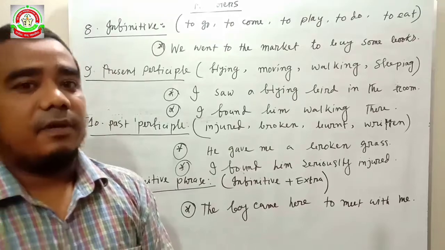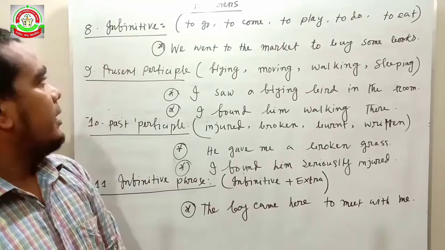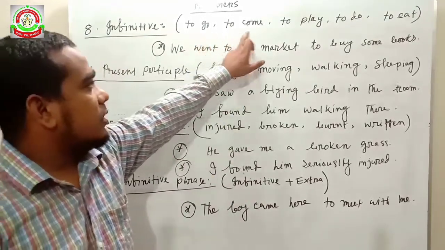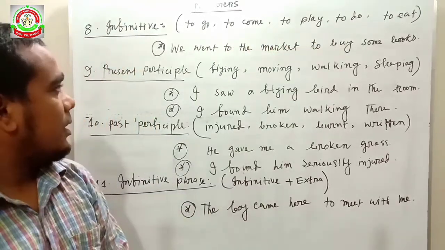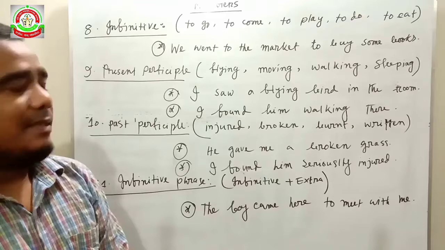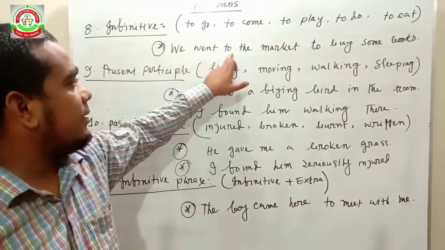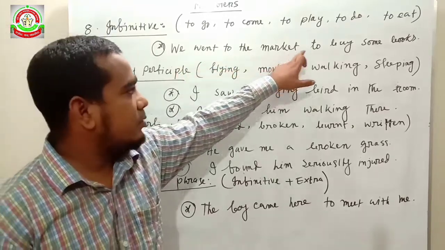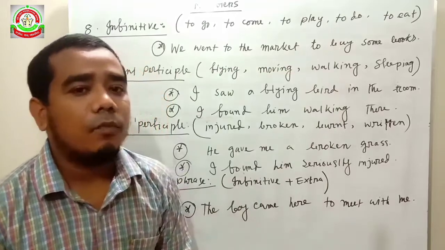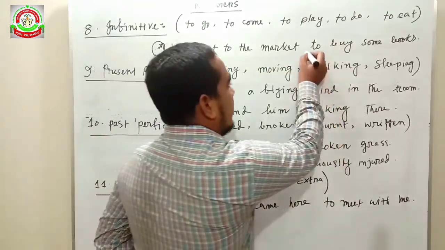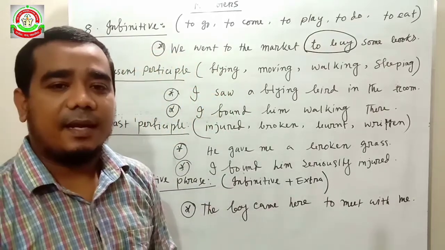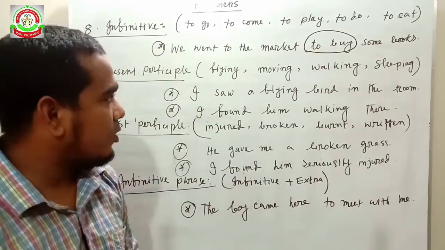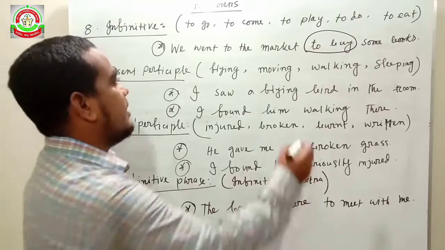Here I have written some infinitives: to go, to come, to play, to do, to eat. Let's see the sentence. We went to the market to buy some books. Here, to buy is an infinitive which post-modifies the previous verb.